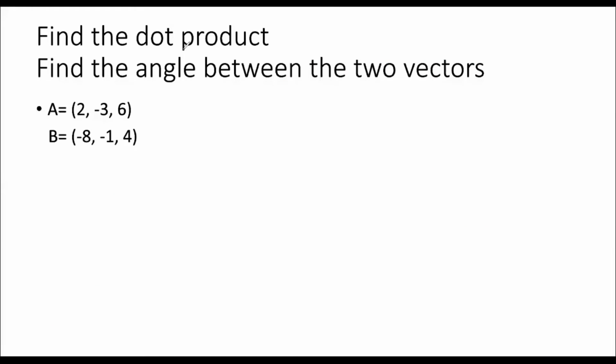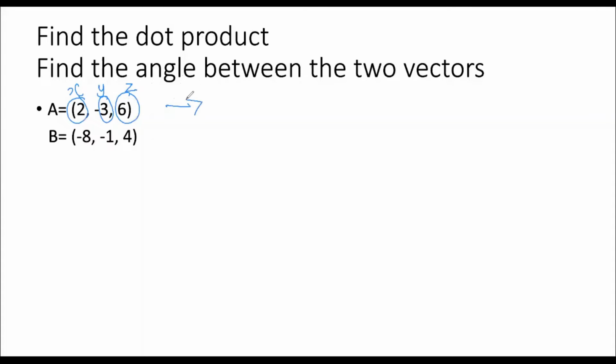All right. So now find the dot product and then find the angle between the two vectors. So we have vectors a and b. Again, now you can see I've written it in bracket form. So it's still the same. The first number represents the x-axis, the second number represents the y-axis, and the third number represents the z-axis.